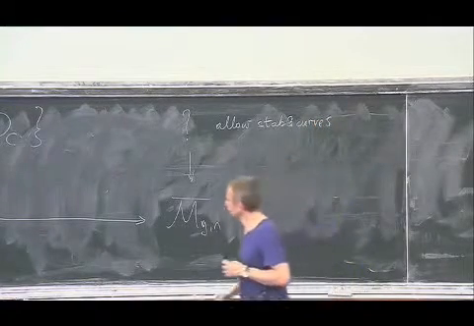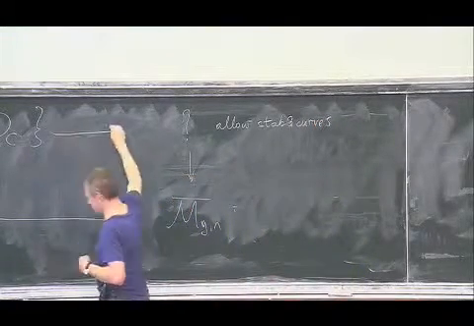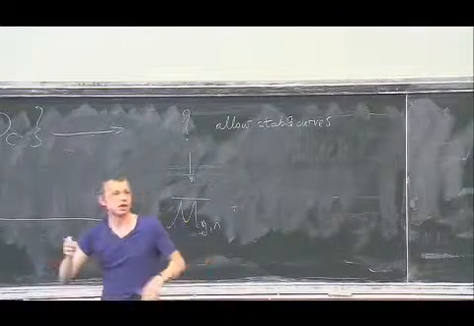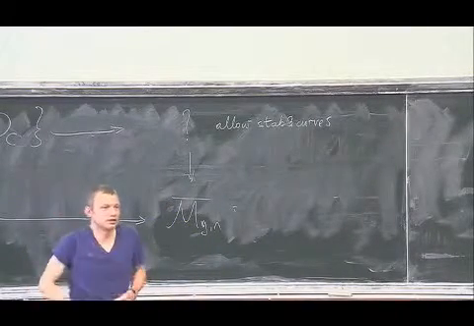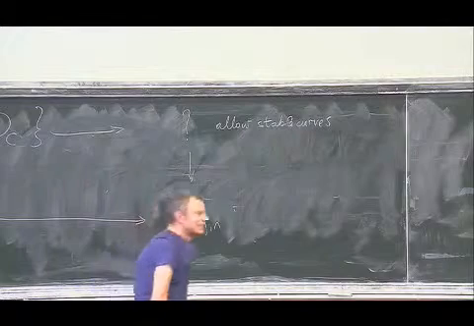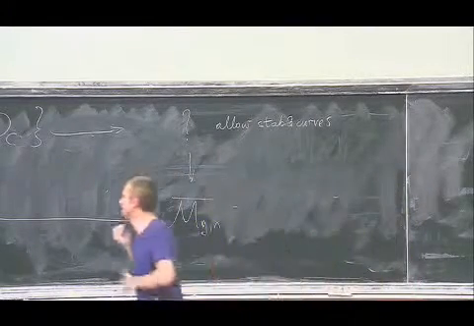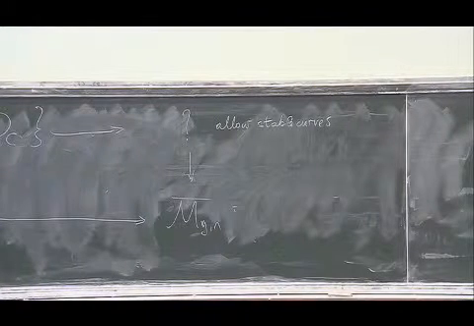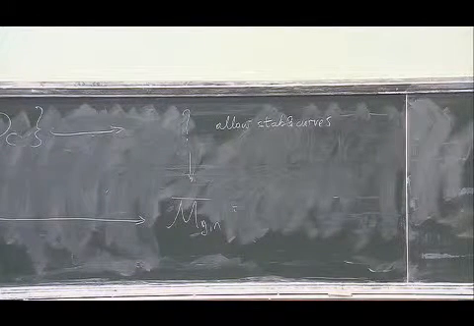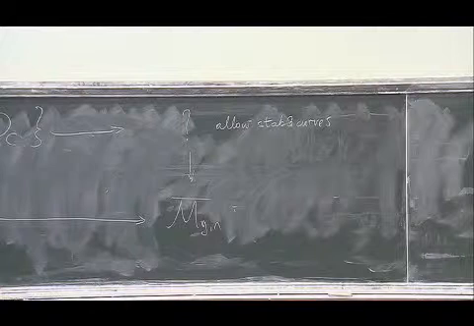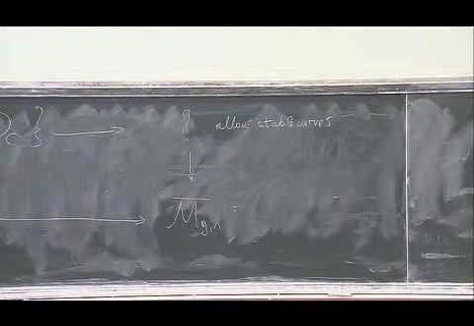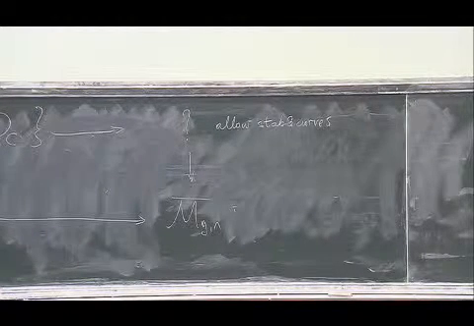Okay, so this is a naive guess. So allow stable curves is a bad idea. And that's what we're going to discover with genus 1 and 1 marking.